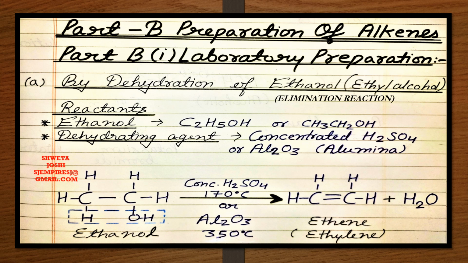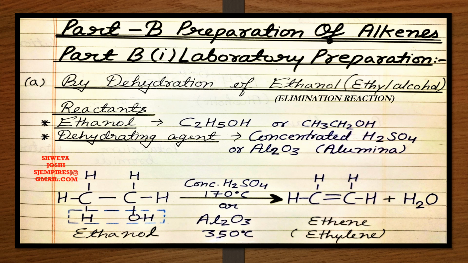In this reaction, it is important to learn the temperature range, because if the reaction is performed at low temperature, suppose in case of concentrated H2SO4 you are maintaining 140 degrees Celsius, in that case, in place of ethene product, you will obtain ether as the product.